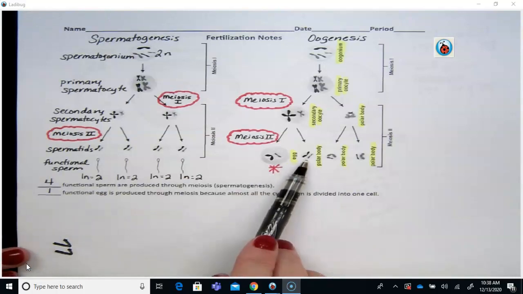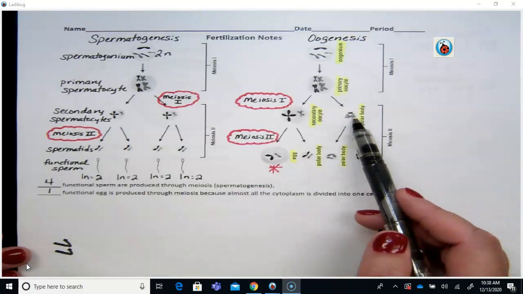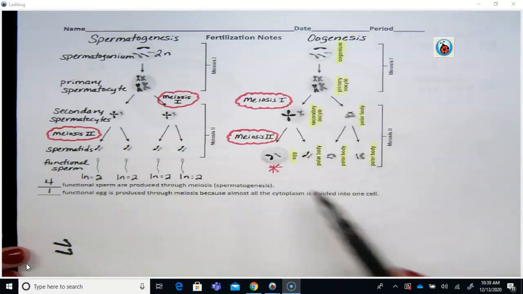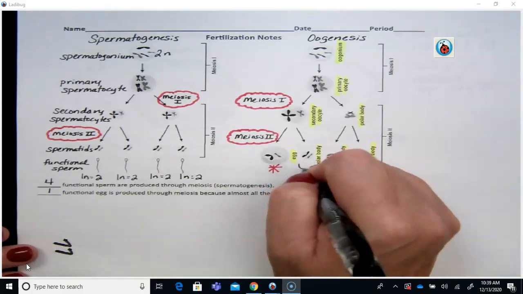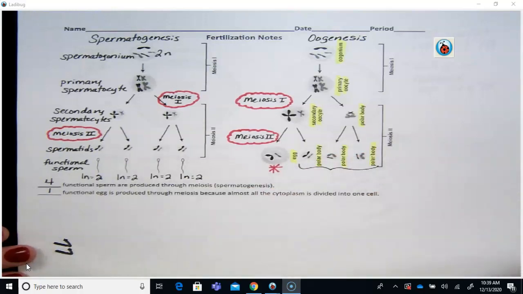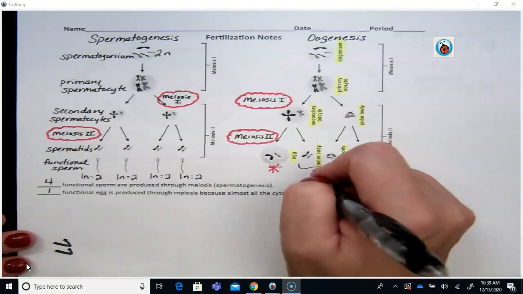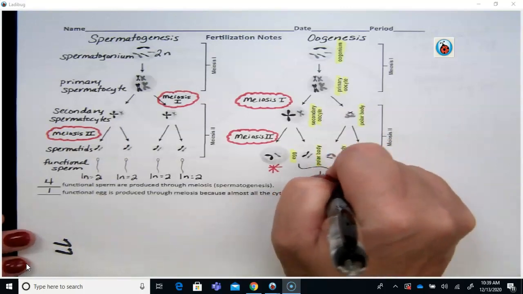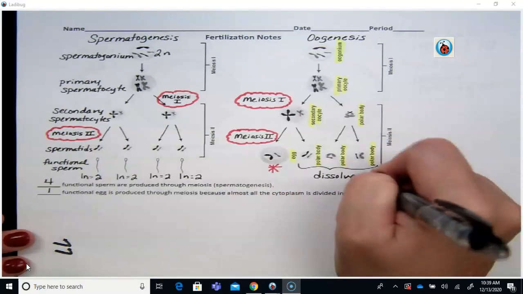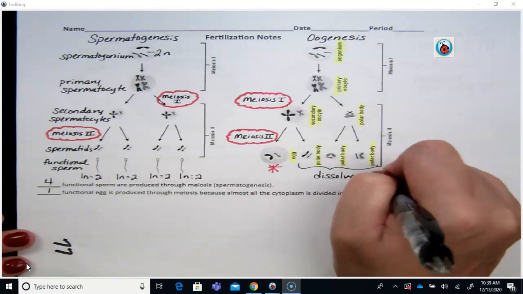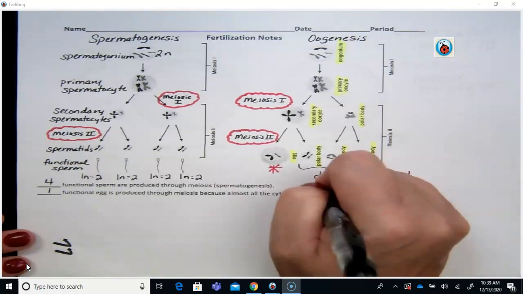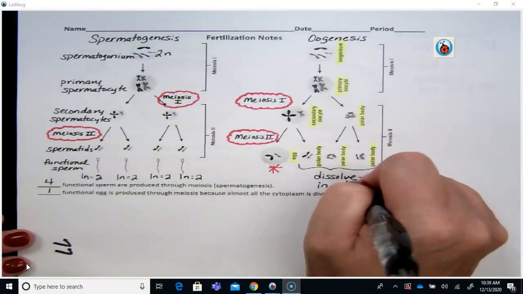And then, of course, another polar body is produced, and then polar bodies can only produce polar bodies. What happens to the polar bodies? They will disintegrate, dissolve and be absorbed by the uterine lining.